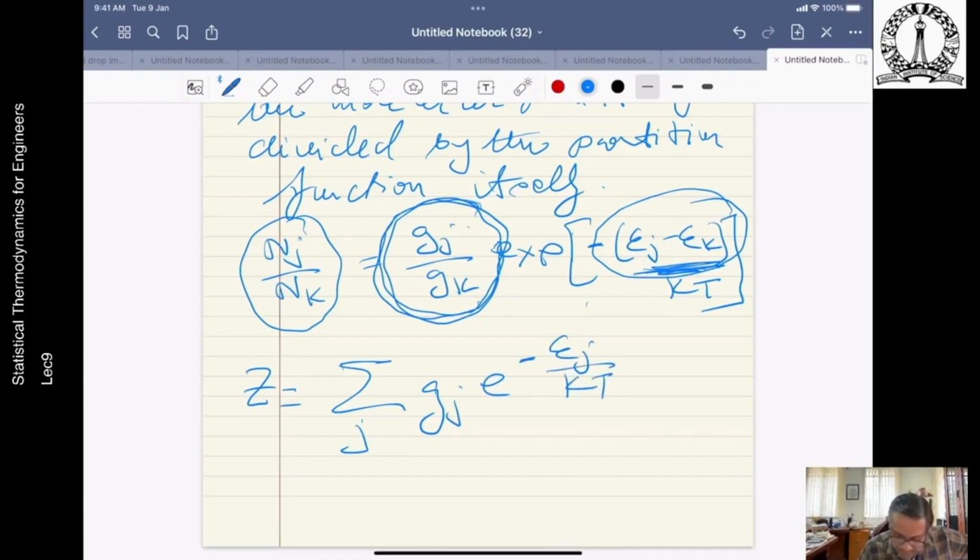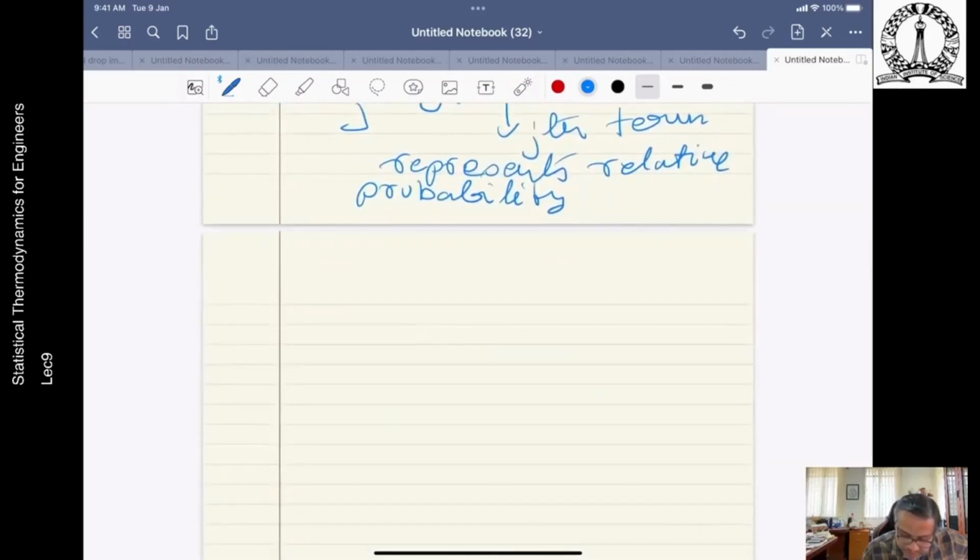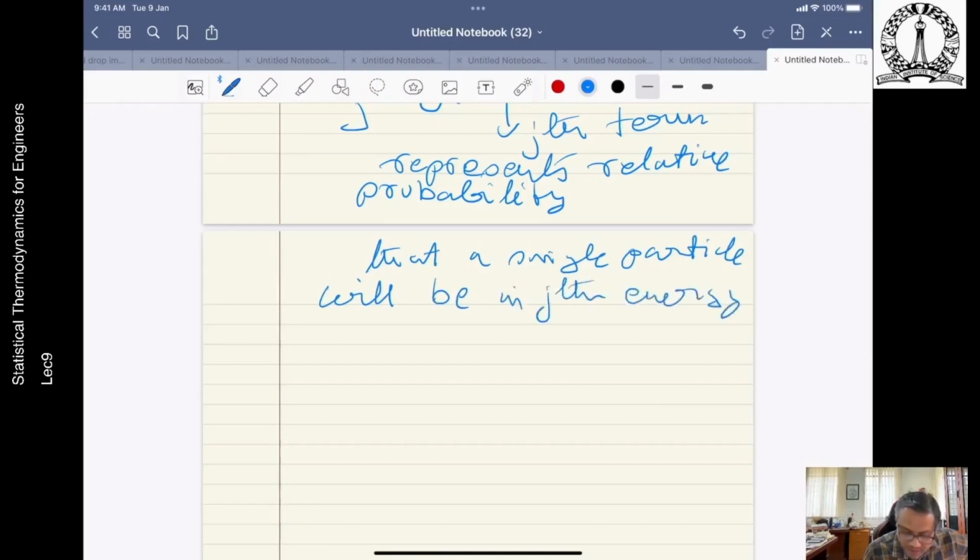So if you look at it carefully, what does the jth term of the partition function physically imply? It represents the relative probability that a single particle will be in the jth energy level.